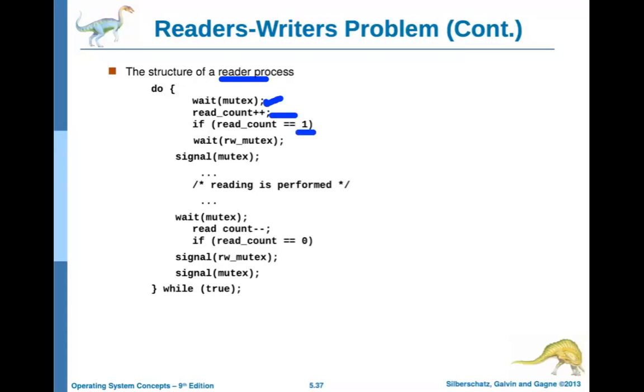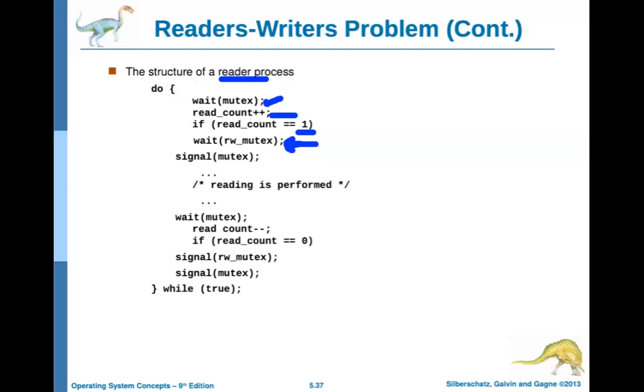And if this is the first reader, it has to check RW mutex. Why? The reason is very simple. If this is the first reader, it has to check if a writer is already writing there.